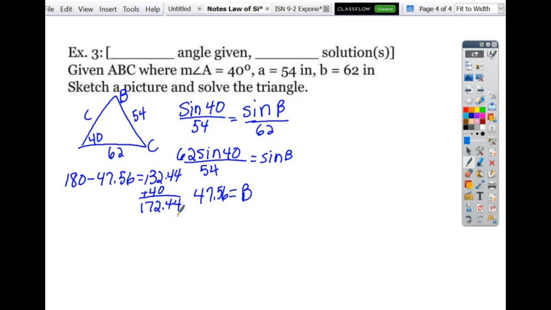The first triangle is going to have angle B as 47.56. But the second triangle that I can have is going to look like this.